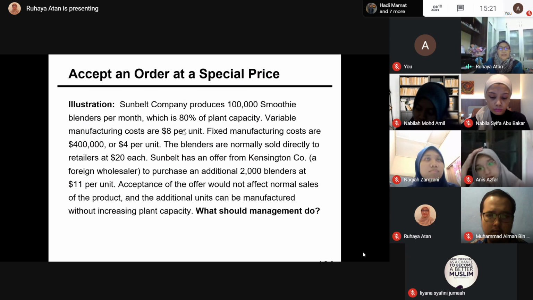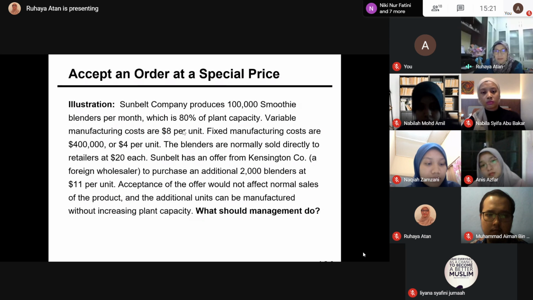Well, they are selling the blenders at $20 per unit. Now, Kensington wants to buy at $11 per unit. So what do you think? Should Sunbelt accept the offer?